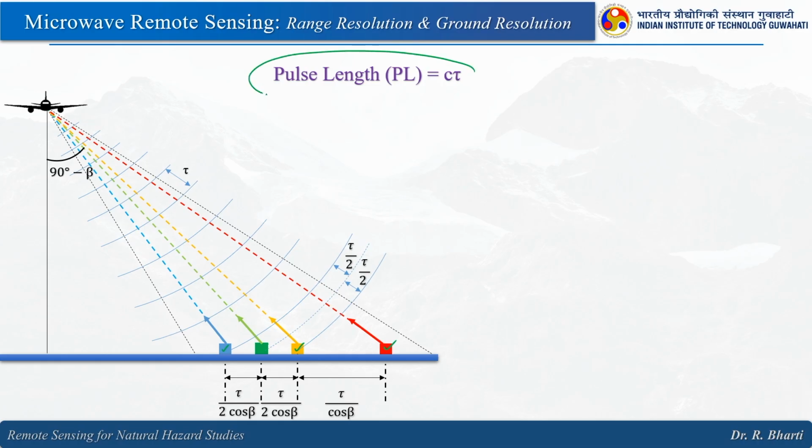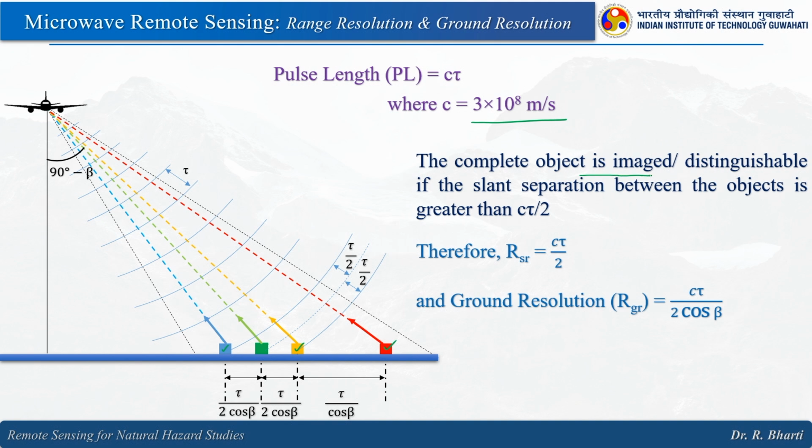So, the pulse length PL is equal to C tau or CT, where C is equal to 3 into 10 to the power 8 meters per second, the speed of light. The complete object is imaged or distinguishable if the slant separation between the objects is greater than CT by 2.